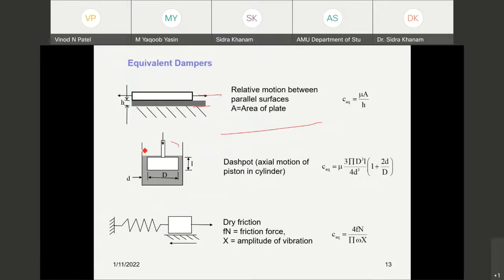If it is a dashpot, then based on the diameter, the length and the clearance, that equivalent C can be derived. In the same way, for Coulomb damping or frictional damping, we can find the equivalent C values.